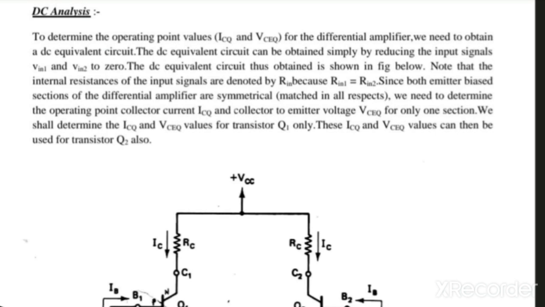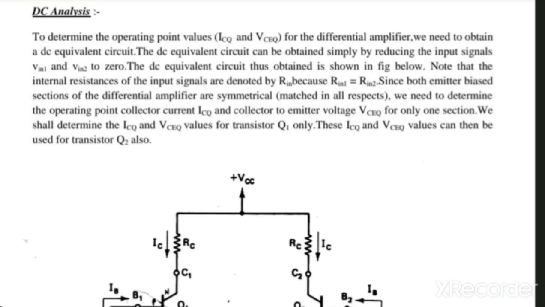Since both emitter biased sections of the differential amplifier are symmetrical, we need to determine the operating point collector current ICQ and collector to emitter voltage VCEQ for only one section.